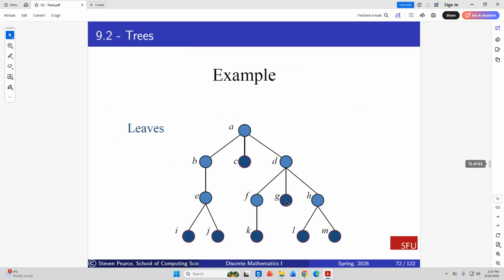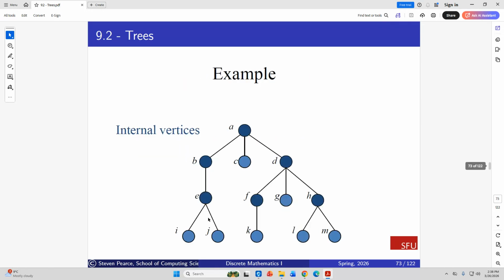And we already called this leaves. Okay, these are the leaves right here, the ones that are terminus. Internal vertices don't seem to be highlighted. Yes, these are internal vertices. These are leaves. Internal vertices are all of these, but not the root.